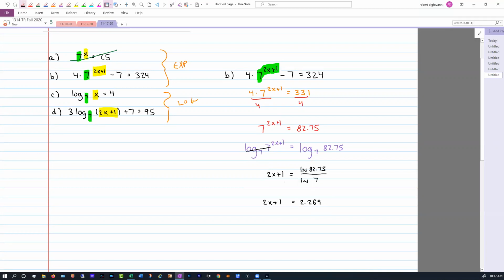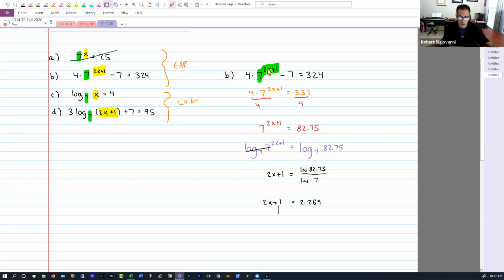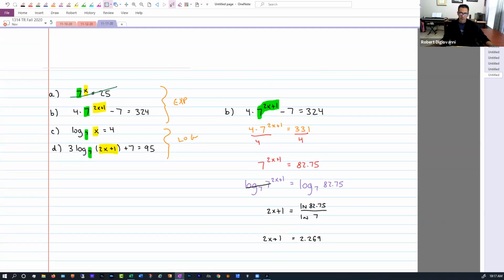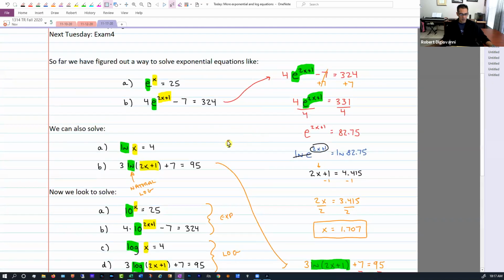Sir, I have a question. Yes. What determines if we use log or natural log or any of those? Yeah, the base. This 7 is what determines it.